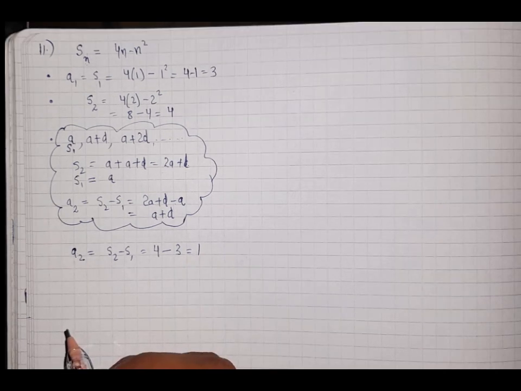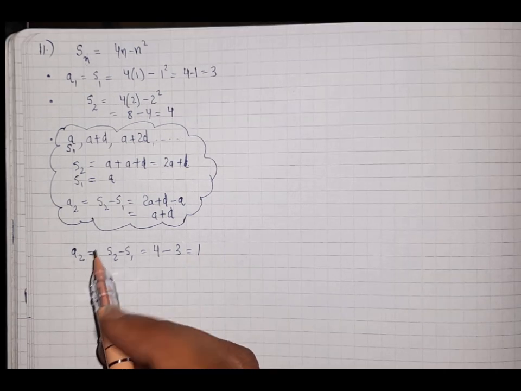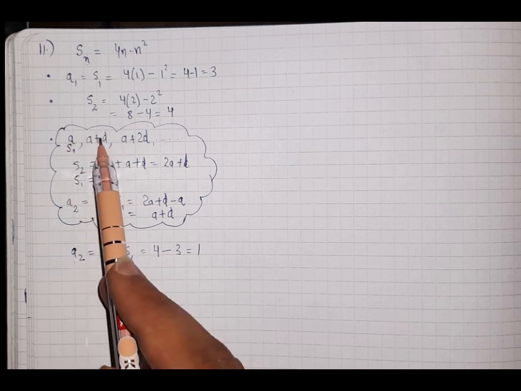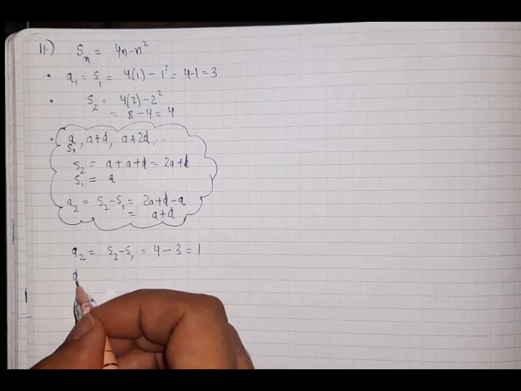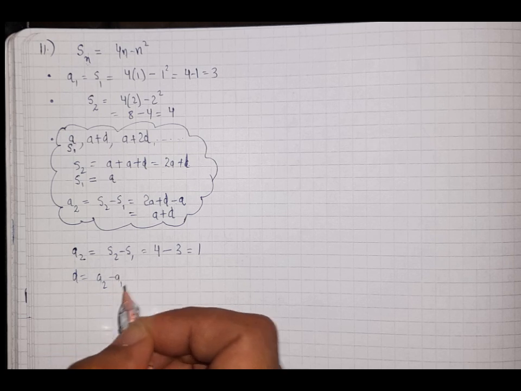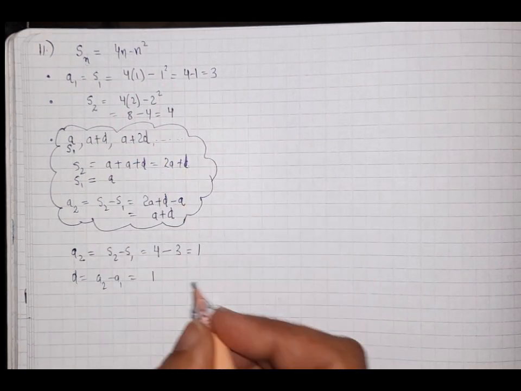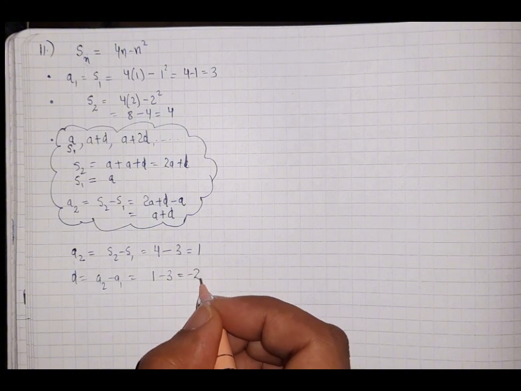For finding the third, 10th and the nth term, we need to find the common difference first of all. The common difference is the difference between any consecutive terms. So D will be A2 minus A1, that is 1 minus 3 equals minus 2.